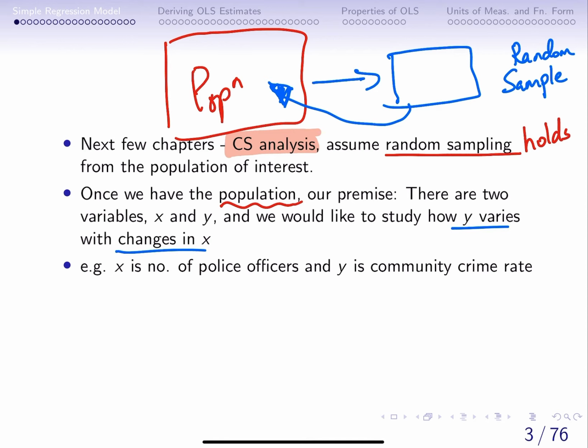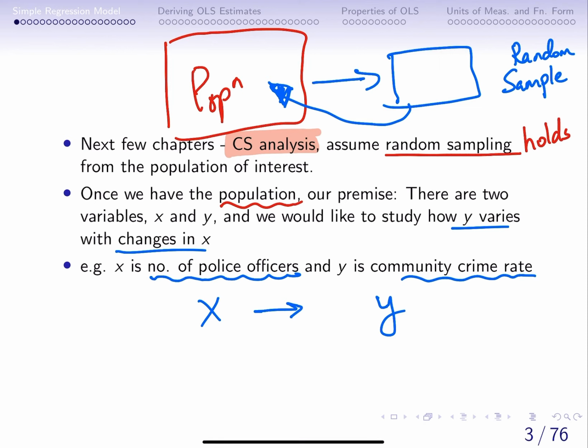There are many examples that we will be covering and we've covered before, but think about always x causing changes in y, like I said. So here's an example. If x was the number of police officers, then you might want to estimate the effect of the number of police officers on the community crime rate y.